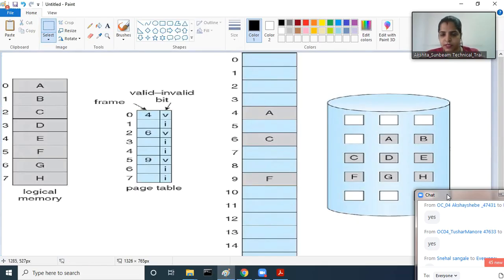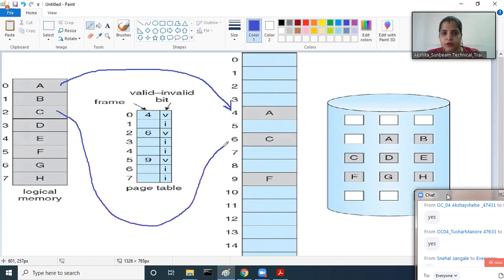This is the first thing. Second, out of which can you observe only page A is loaded over here, page C is loaded over here, and page F is loaded at this location.